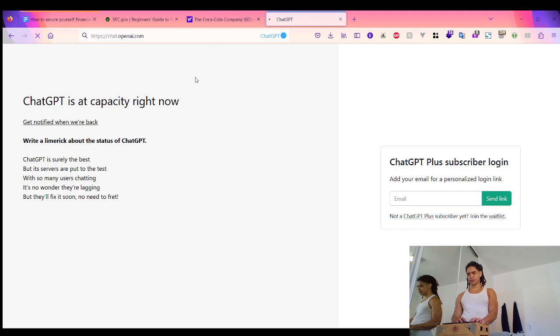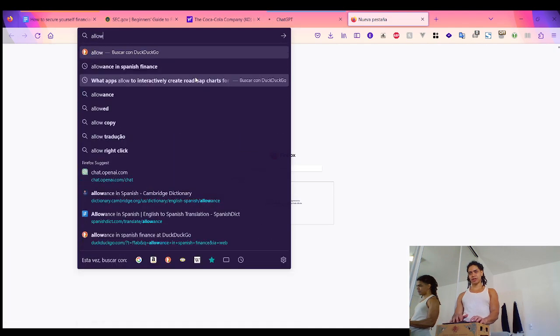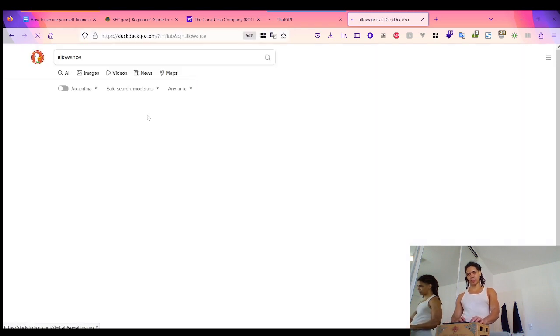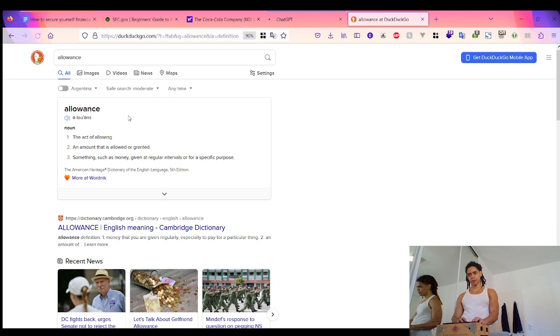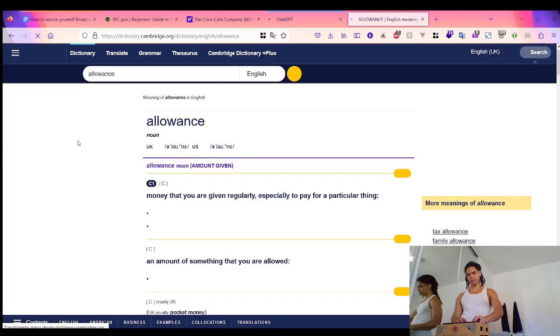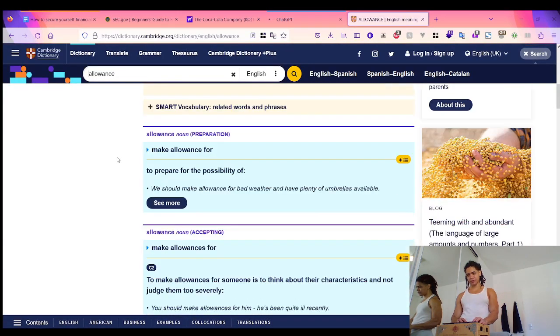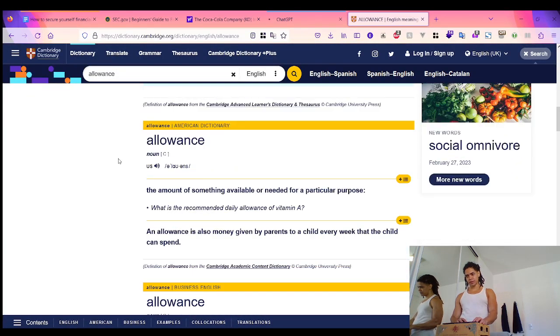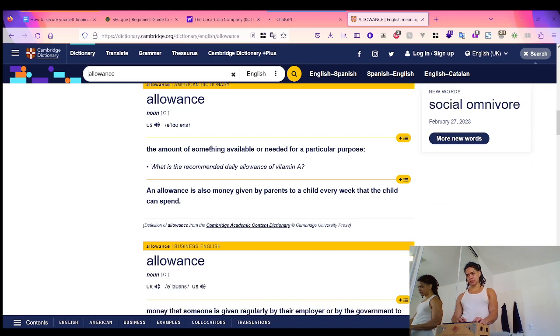Okay. So, allowance. Again, in finance, an allowance is the amount of money available or needed for a particular purpose.